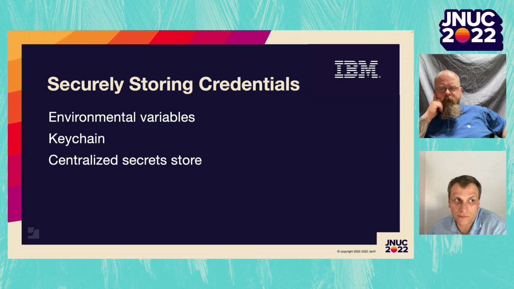If you are on macOS, there is a keychain which you can use for this. It's very secure and it's very easy to work with. Or another option would be, and that's especially in cloud environments, a centralized secret store, such as IBM Secrets Manager or AWS Secrets Manager, and their advantage is that they have automatic key rotation function.